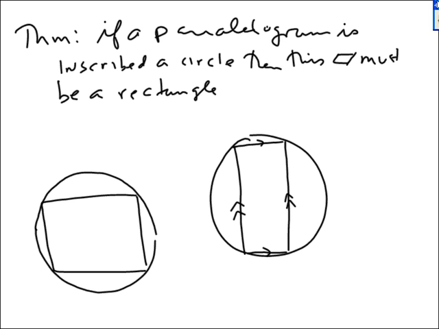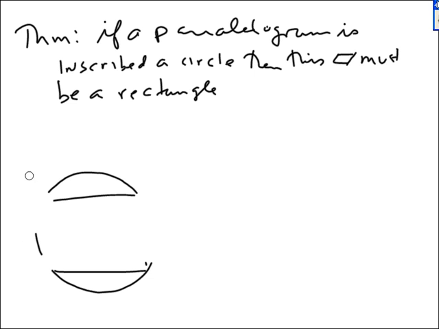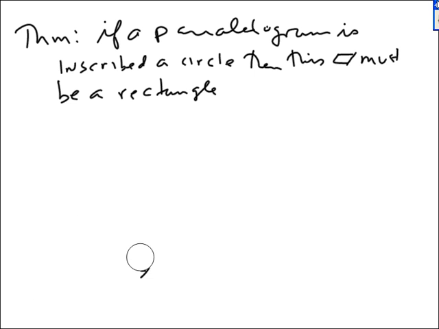Clearly not a square. So no, it's not always a square. So now, in fact, I think I even want a bigger circle to prove the theorem. Okay, so I got rid of it electronically. Let me erase it from my physical board.